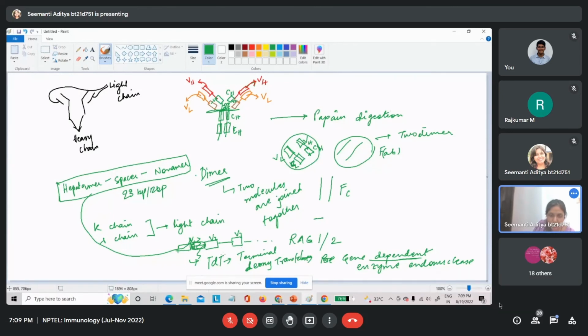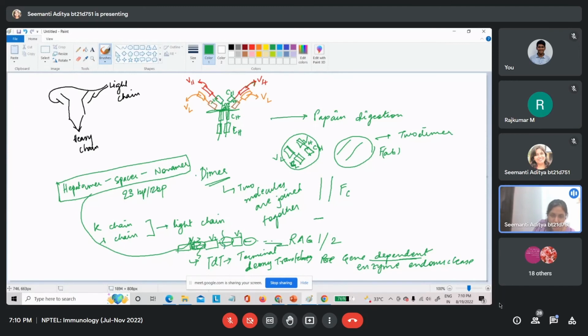Now, RAG1 can recognize these sequences. The heptamer, spacer, and nonamer is present between all of the segment places. Based on where RAG1 recognizes, whether between V1 and V2, or between V1 and V3, cleavage is done there.